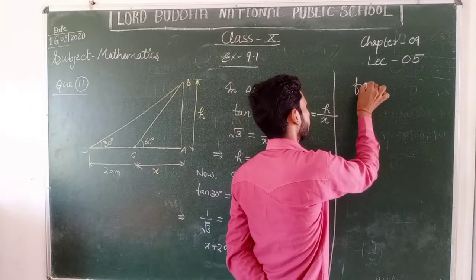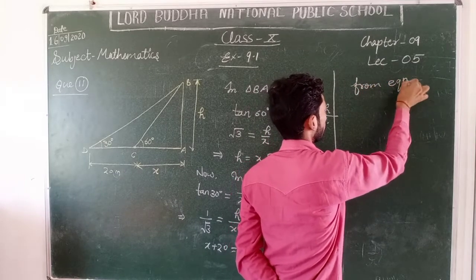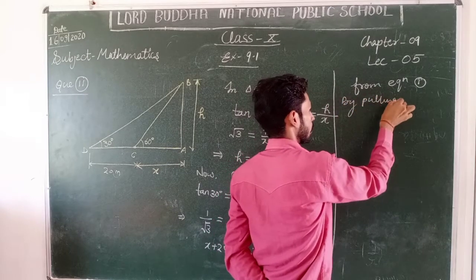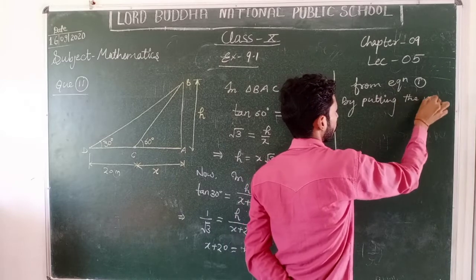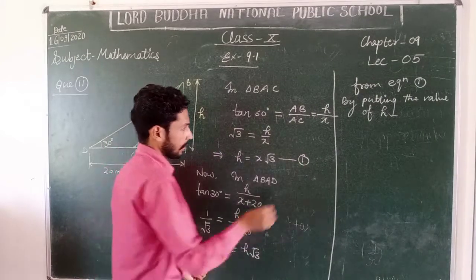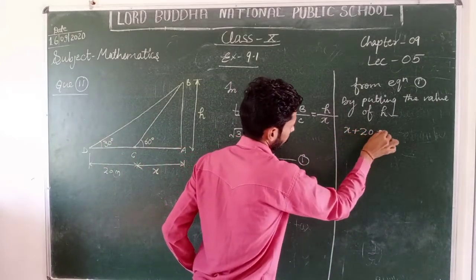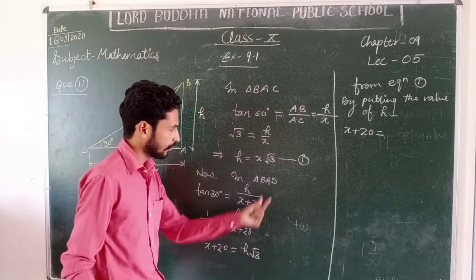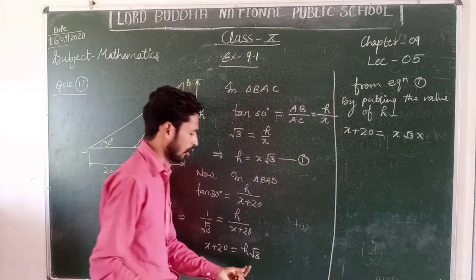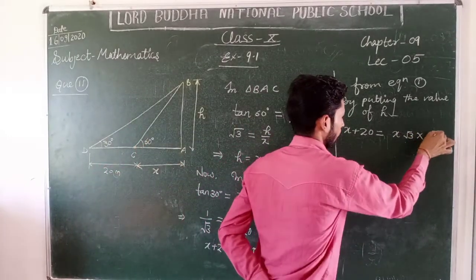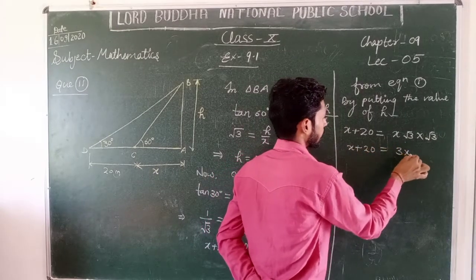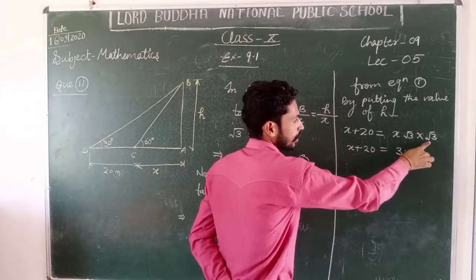So from equation first, by putting the value of h, we can get x plus 20 equals, in place of h, x root 3 multiplied by root 3, and that will be x plus 20 equals 3x, because root 3 into root 3 will be 3.